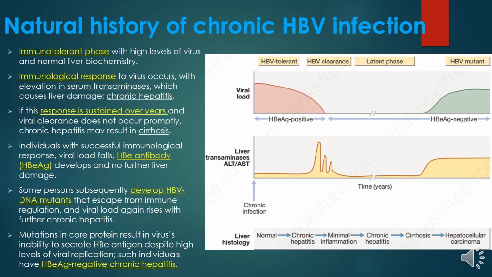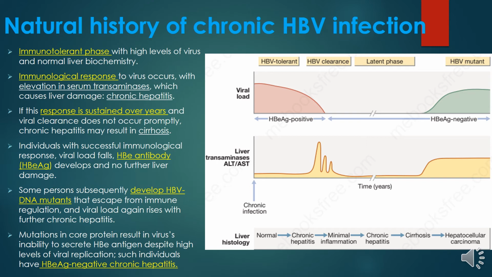If this response is sustained over years, then viral clearance does not occur properly, and chronic hepatitis may lead to cirrhosis. In individuals with a successful immunological response, the viral load falls and hepatitis B antibodies develop with no further liver damage.